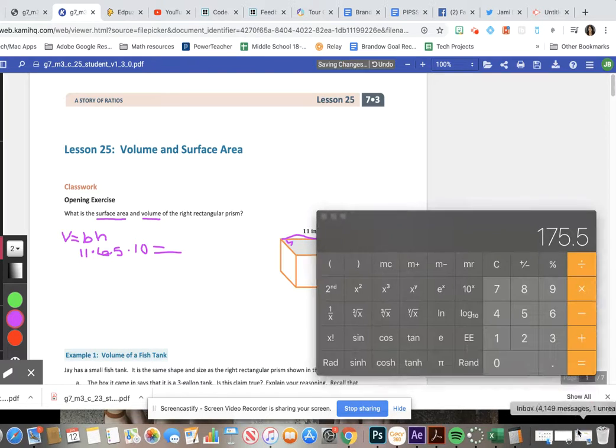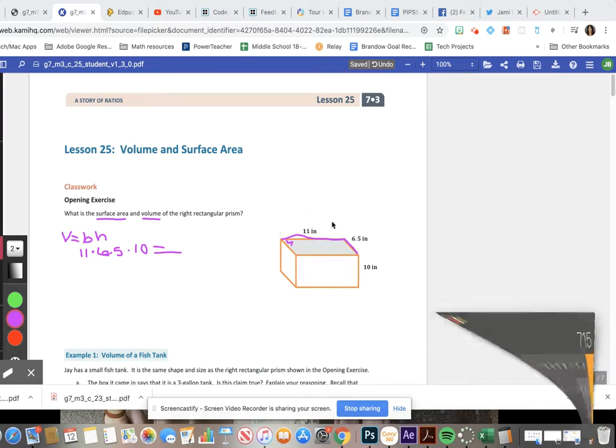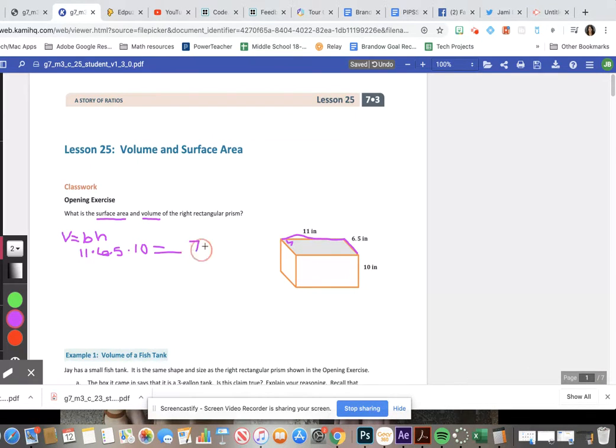So I would do 11 times 6.5 times 10, which is 715. And this would be inches cubed.